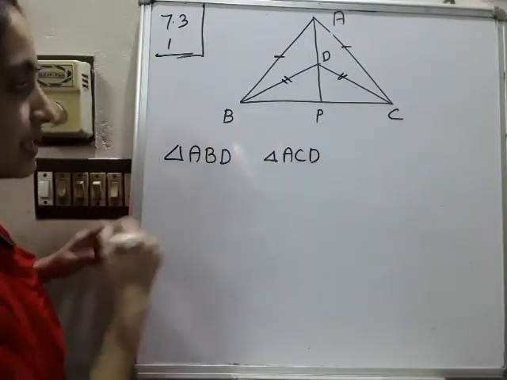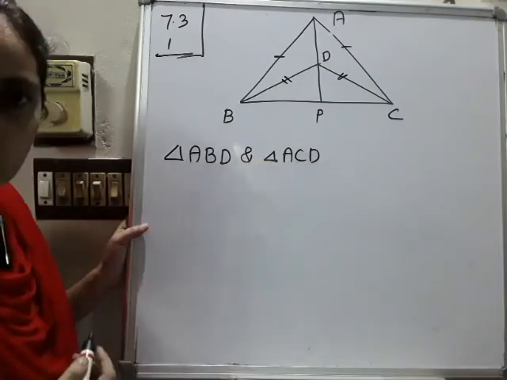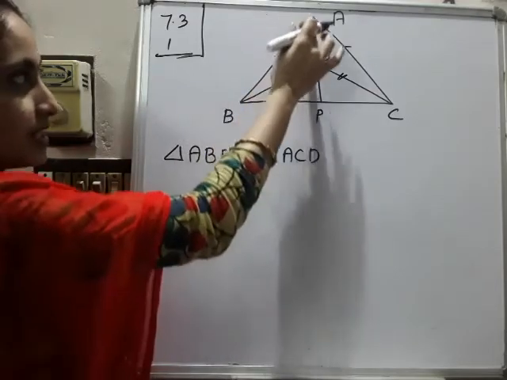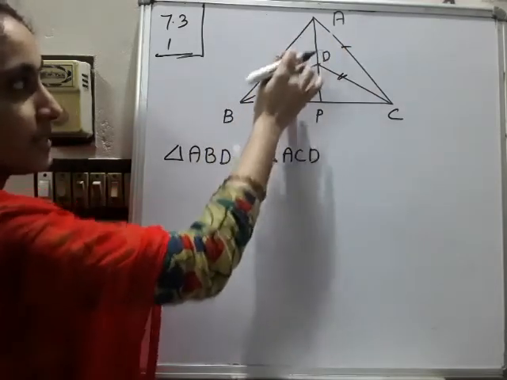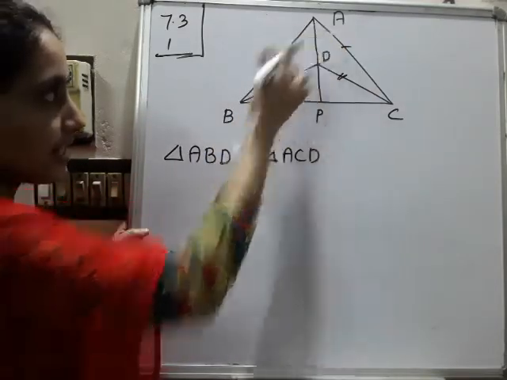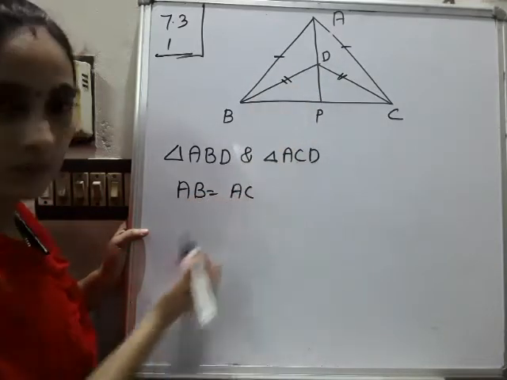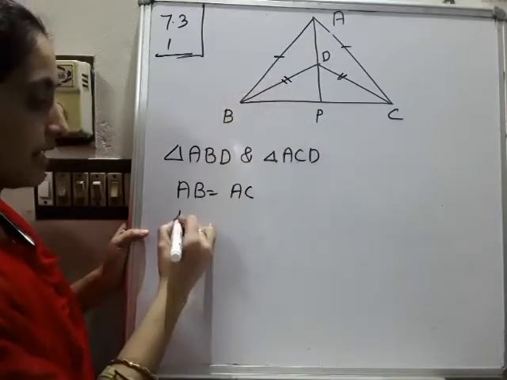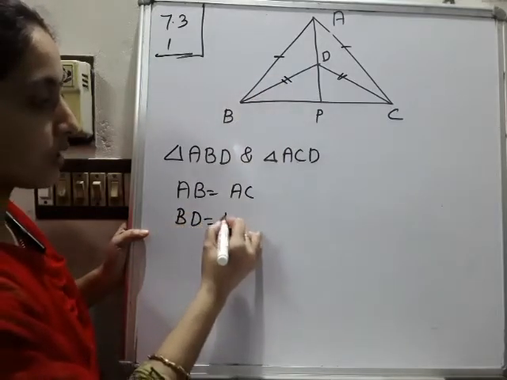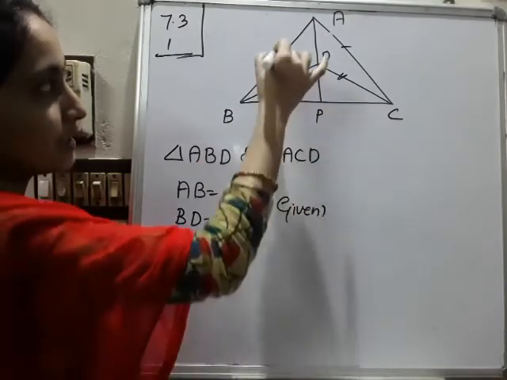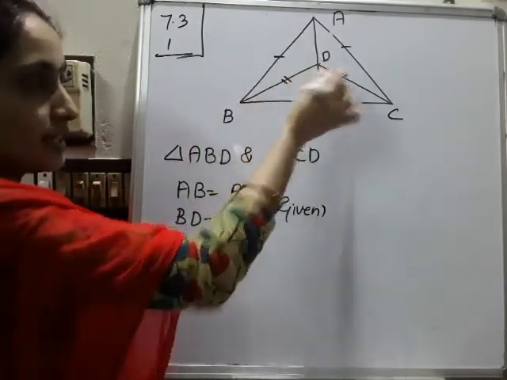So I will consider these two triangles. Can you say what are the equal sides? Is there any given condition? Yes, AB is equal to AC. Is there any other? Yes, BD is equal to DC. Those two are given. I already marked here: this side and this side are equal, this one and this one are equal.